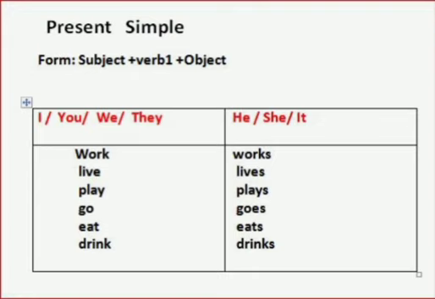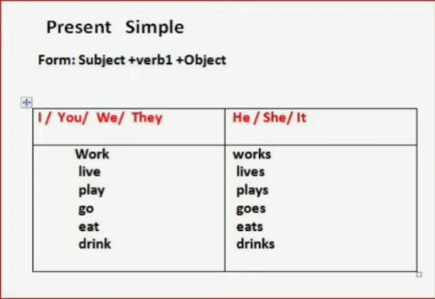These are written in red color fonts, right? So what are these? These are pronouns. All these are personal pronouns. So all these are called personal pronouns.